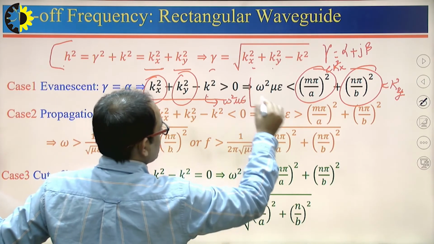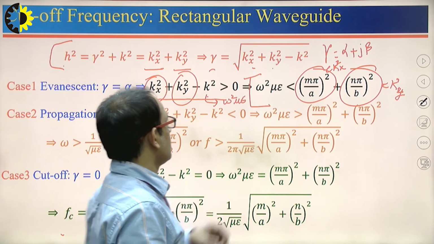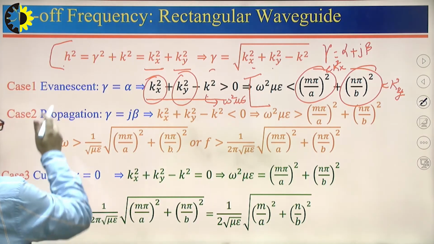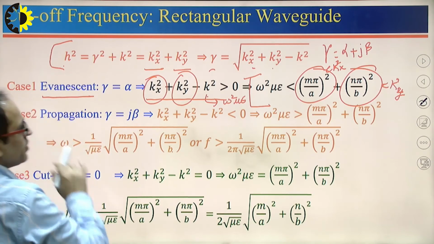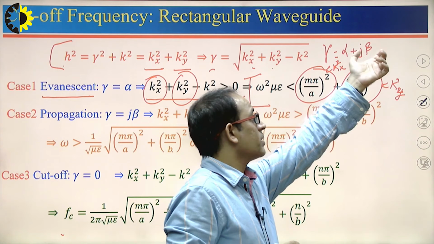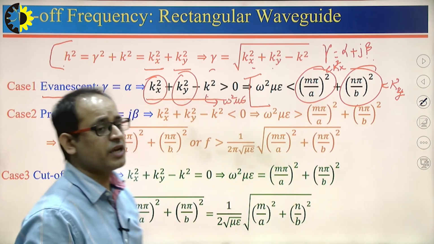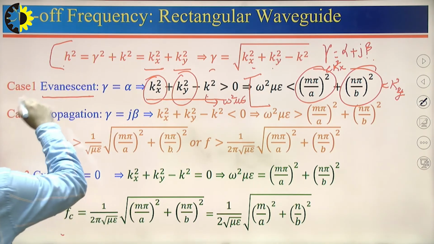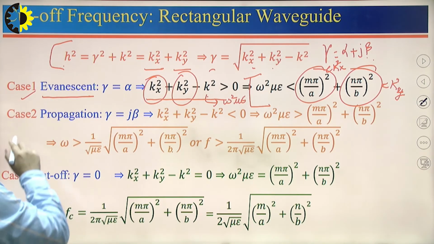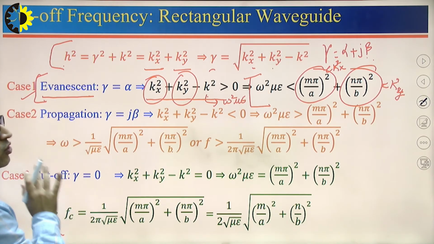When this condition exists, the evanescent field will be there. It means there will be no complex number, no imaginary part, only alpha. Alpha is attenuation. Clear? In this case, only attenuation will exist, meaning there will be no propagation.